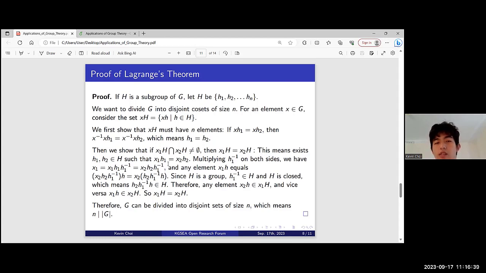Then we show that if x1H and x2H have a common intersection, then x1H equals x2H.